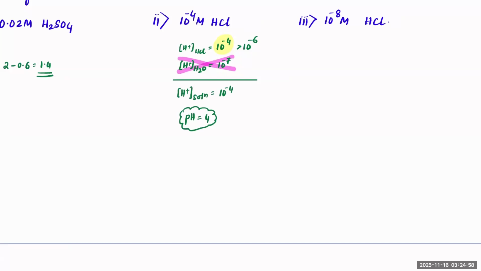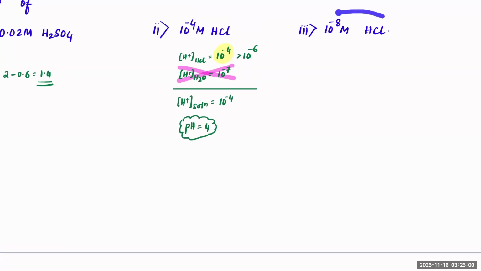Second, if you have 10 raised to power of minus 8 molar of HCl, then check out the H plus ion concentration coming from HCl is 10 raised to power of minus 8. Correct. And that is less than 10 raised to power of minus 6 molar.